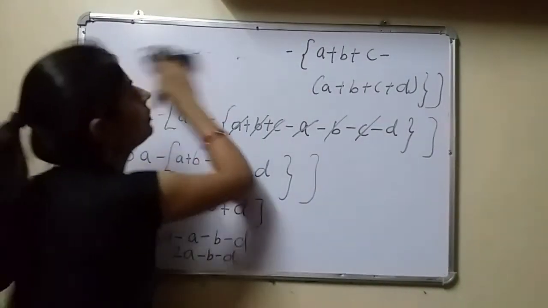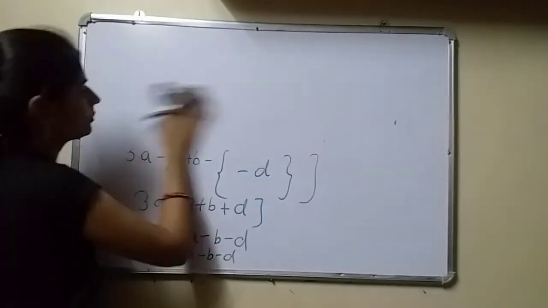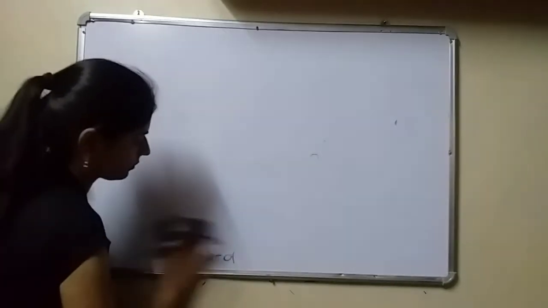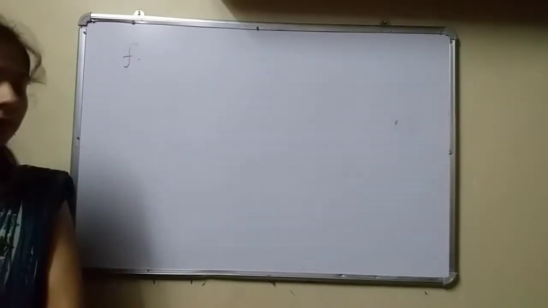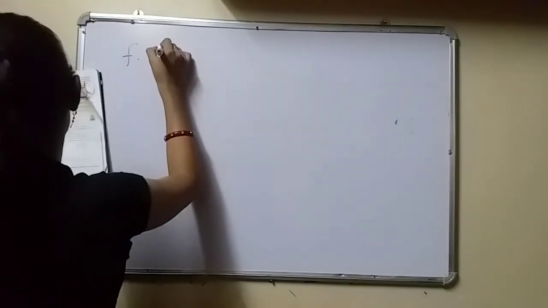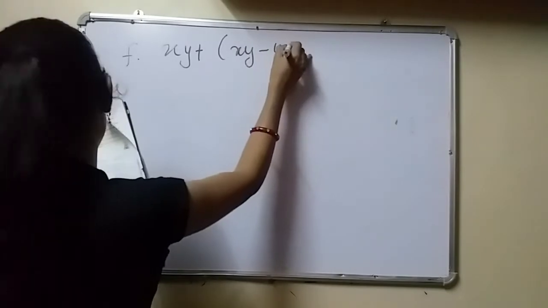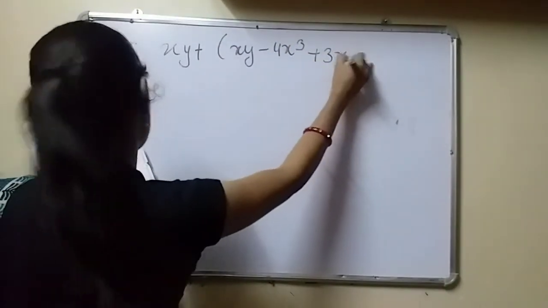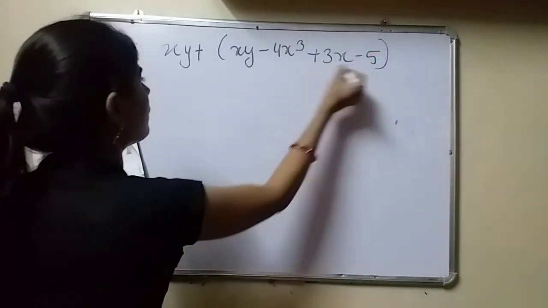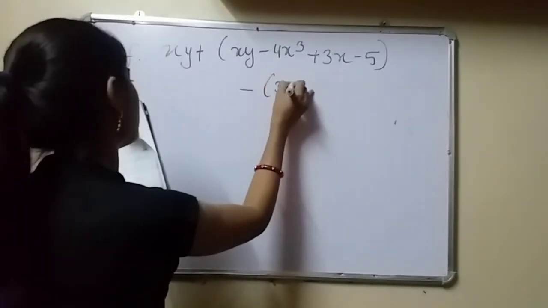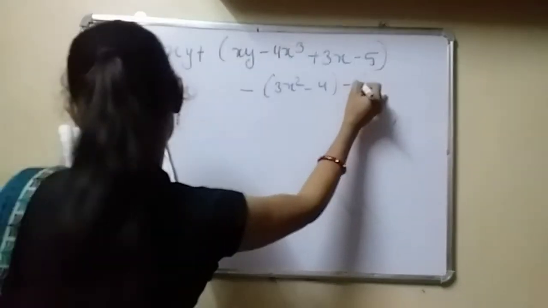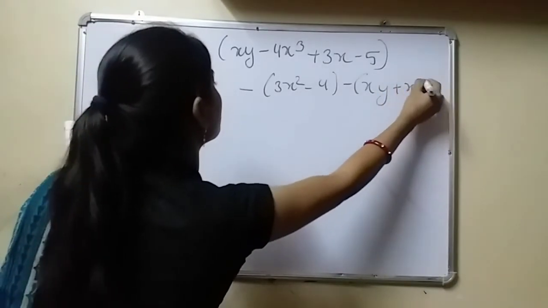Now see question number F. Question number F we will solve. xy plus xy minus 4x cube plus 3x minus 5 minus 3x square minus 4 minus xy plus x cube minus 4.